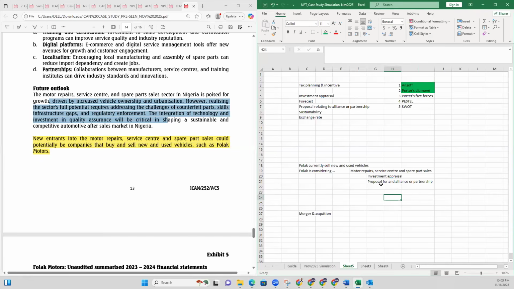So a proposal for alliance or partnership could be, I'm just thinking, if these guys deal with parts, and they want to start dealing in motor repairs, service center, and spare parts now, how do they go into that?